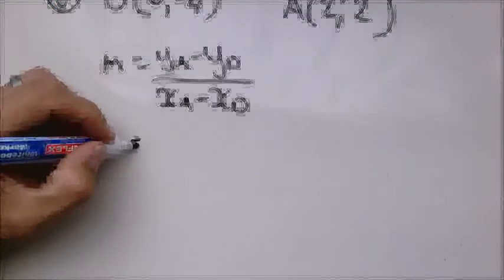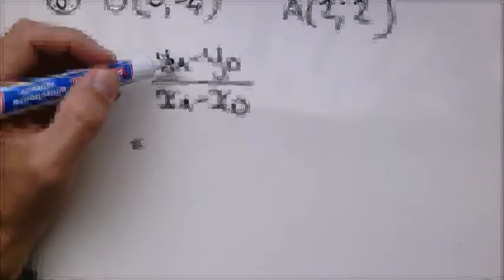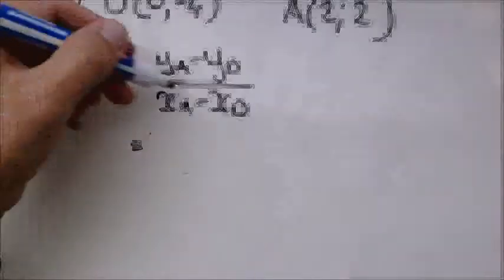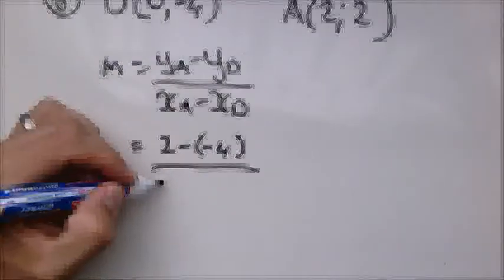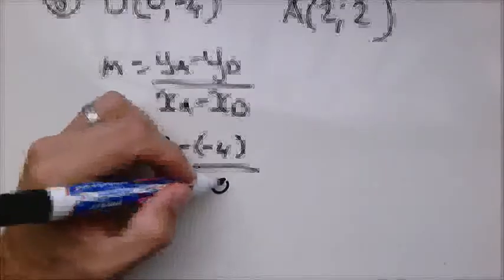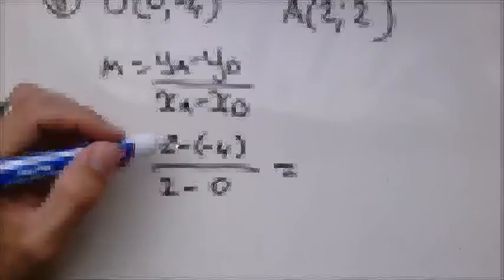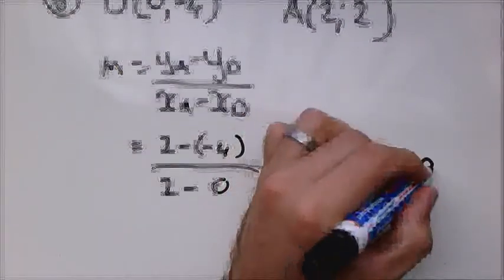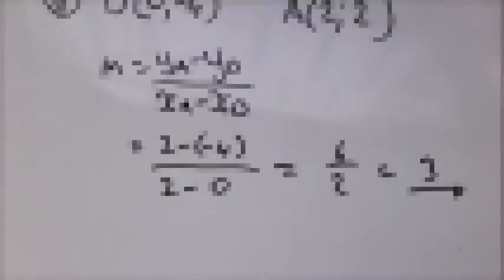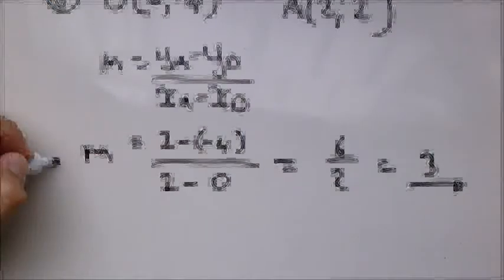So now we just substitute. ya, which is the y2 normally, is 2 minus, remember your bracket, -4, over 2 minus 0. And from here on, 2 minus a negative is a plus, so this becomes 6, and this is a 2, so this is 3. So now we know the gradient is equal to 3.